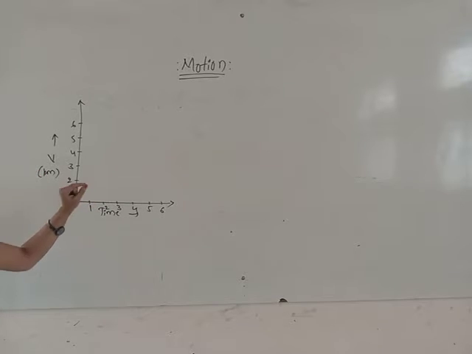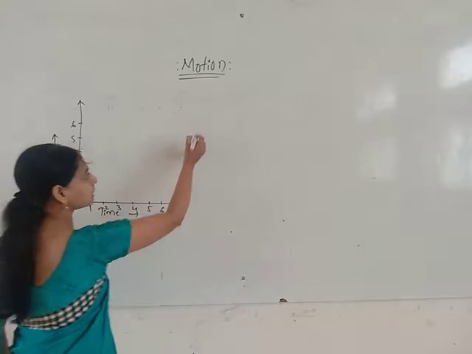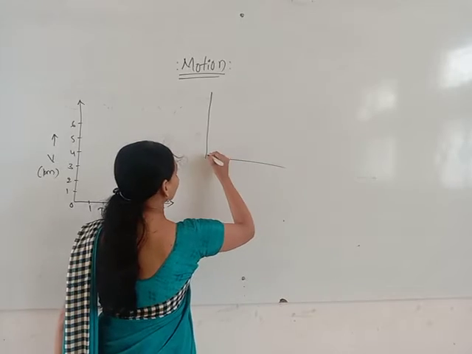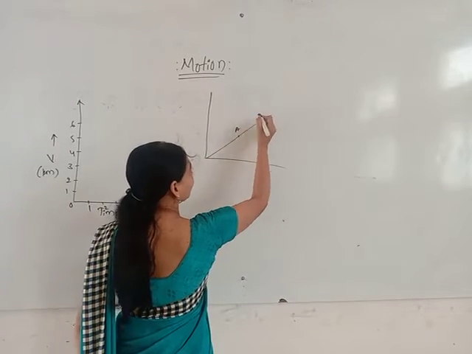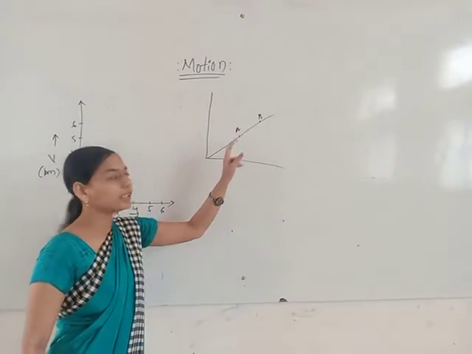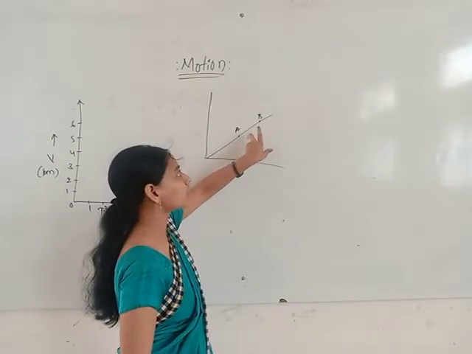Here, in the distance time graph, what we did is, we selected 2 points, A to B. We have to determine the speed of an object between these 2 points.